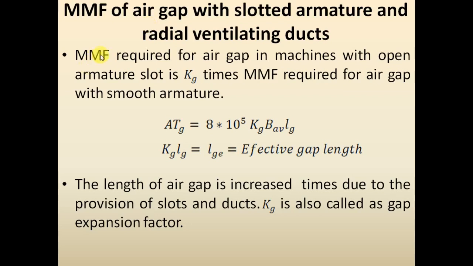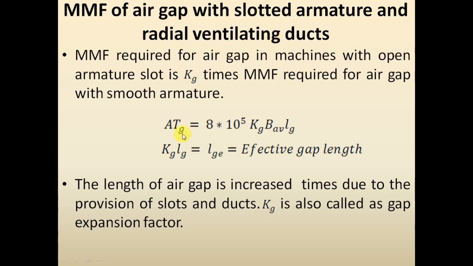From the standard relation of mmf, that is mmf is equal to phi into reluctance, you can say the mmf of air gap with slotted armature and radial ventilating ducts is kg times that of mmf of air gap with smooth armature. Since the reluctance is kg times and mmf is equal to phi into reluctance.